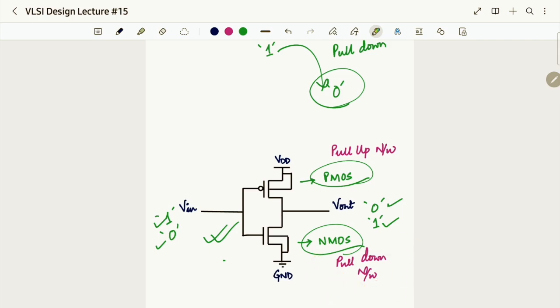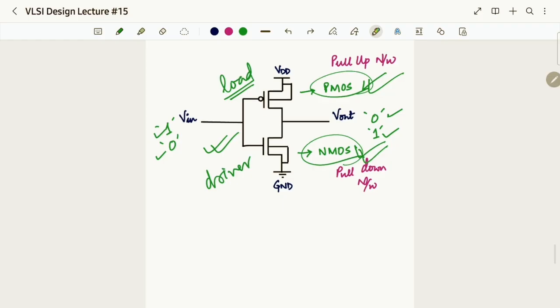So this part is load, this part is driver, and load is made up of PMOSs, driver is NMOS, and they have different names based on what they are doing.